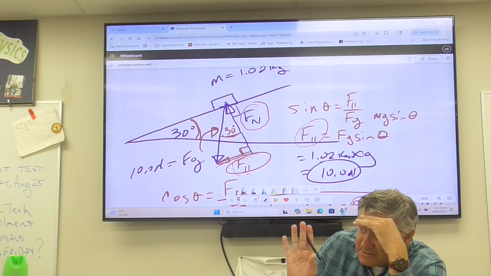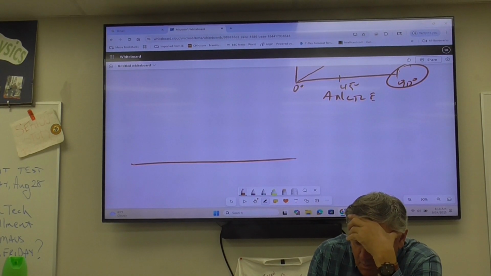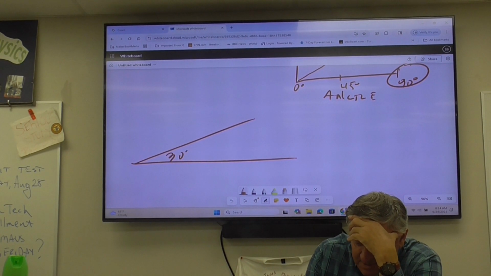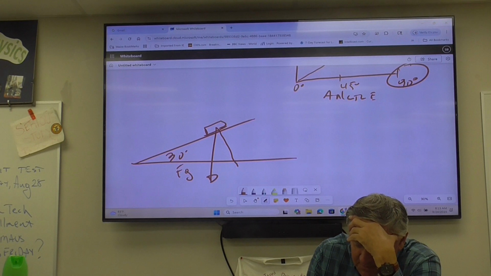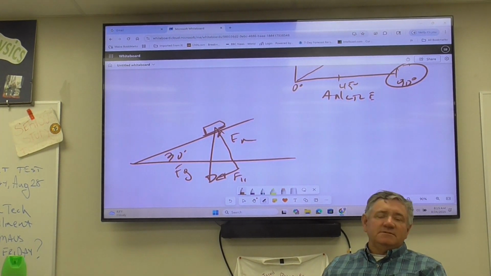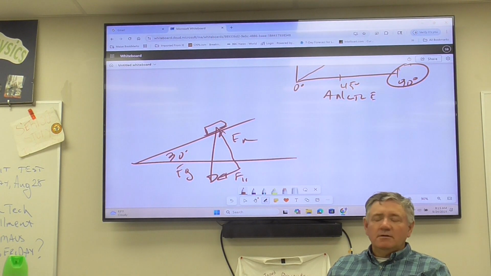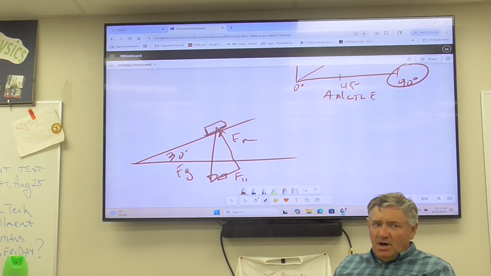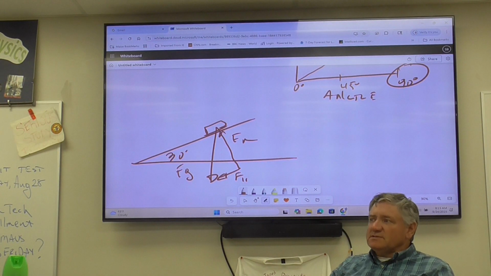Now, here's another way that you can draw this, and this is a personal preference thing. So, one option, like we're going to have this angle. If you like geometry and you like triangles, you go FG, and then you draw this as a triangle. Cool, okay? Draw it this way. Now, if you're going to draw it this way, make sure your parallel is parallel with the surface.